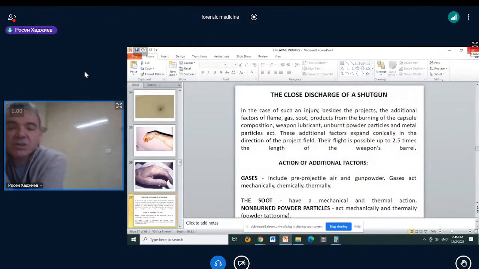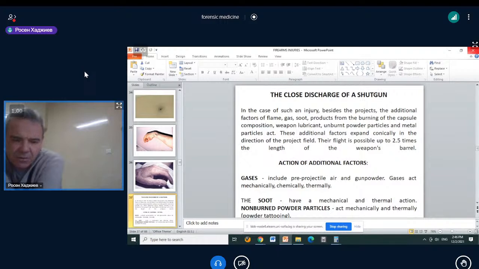In case we have a close discharge of the shotgun, not only the projectile, but additional factors of flame, gas, soot, products from the burning of the capsule composition, weapon lubricant, some unburned powder particles, and metal are acting like additional projectiles. These additional factors expand conically, as I said before, in the direction of the projectile, and they are acting in a distance of 2.5 times the length of the weapon's barrel.